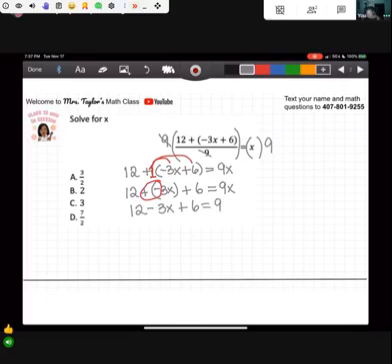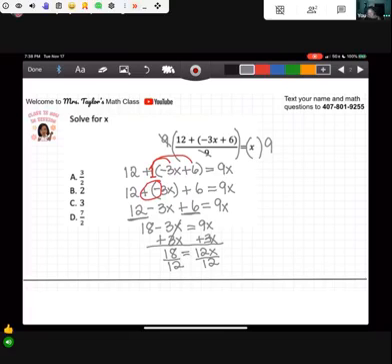And now I'm going to combine like terms, the 12 and the plus 6. It's going to give me 18 minus 3x is equal to 9x. I'm going to add 3x to both sides. And I get my 0 pair on the left hand side, and I'm left with 18 is equal to 12x. In order to solve for x, I need to divide both sides by 12.